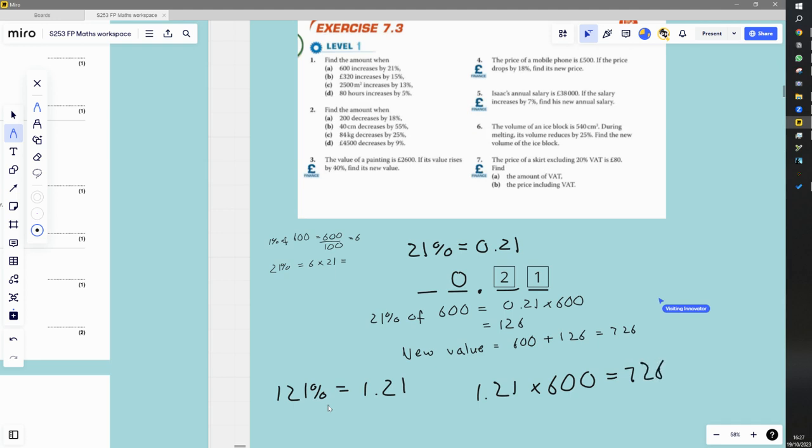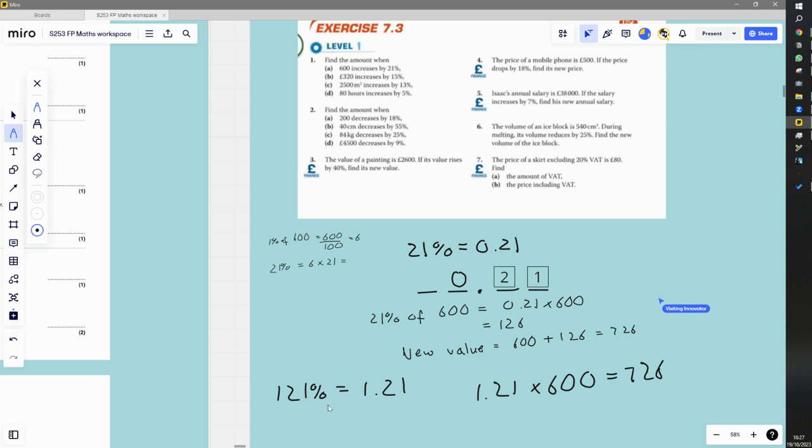Okay, so let's just recap how we did it step by step. People just getting used to percentages tend to work out what 1% of something is, then multiply it by that number. So this is a quicker way, by just turning the percentage into a number, then multiplying it by that number, like that. That gives me what the percentage of a number is.